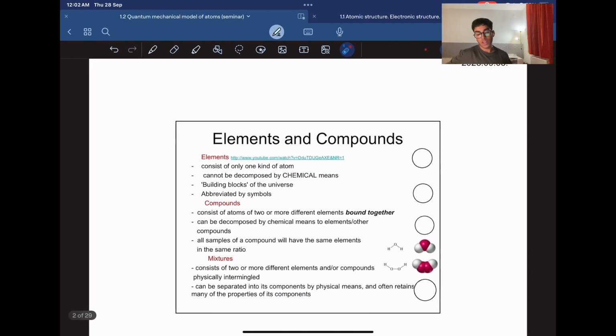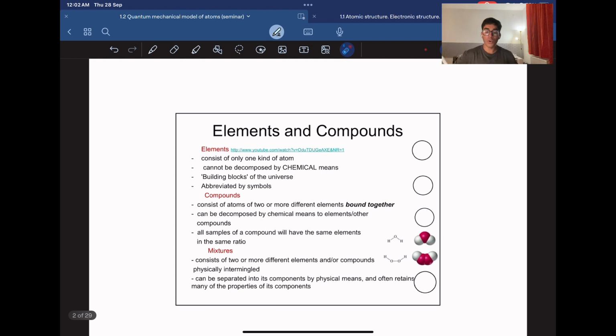Now, moving on to the next slide. We're going to talk about elements and compounds. Elements consist of only one kind of atom. So when you're reading the periodic table and you see the H, He, Li, all of these element names, these refer to one type of atom and one type of atom only.